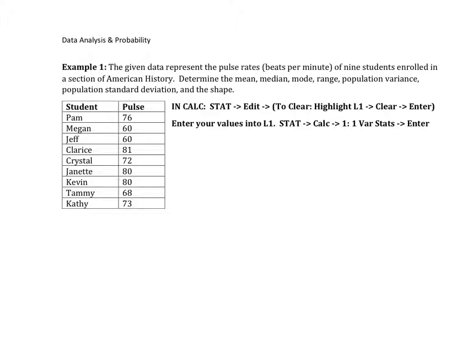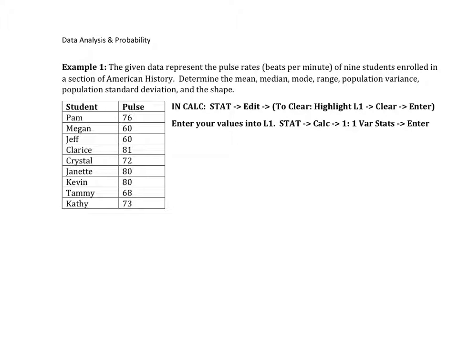Then once you have them all in, you hit stat again. Go over to the calc menu, so hit the right arrow once. And then you select that first option, 1-Var Stats. So you hit enter until a bunch of information pops up on your screen. Some calculators you have to hit enter more than others. Just keep hitting enter, and then a bunch of stuff should pop up.